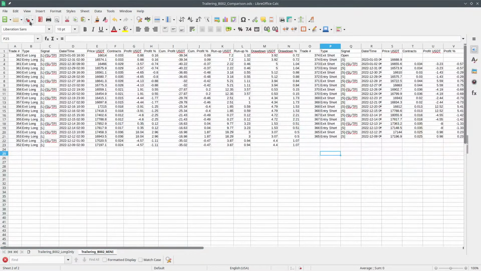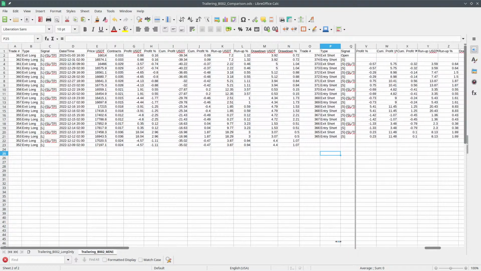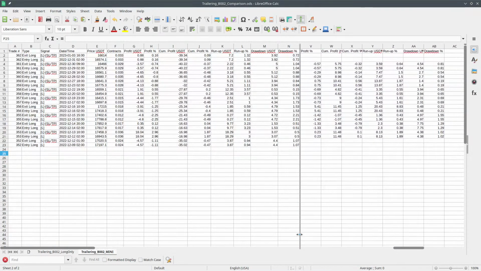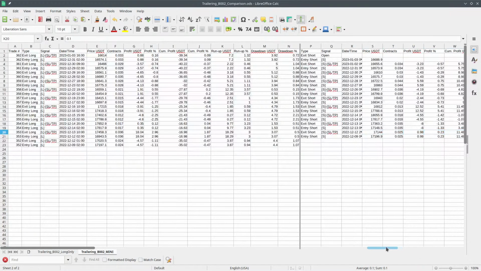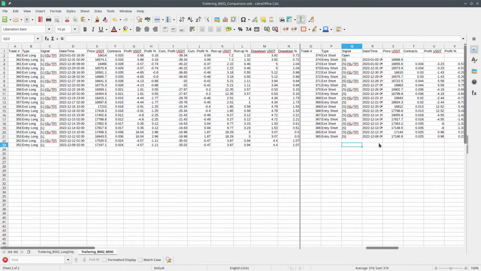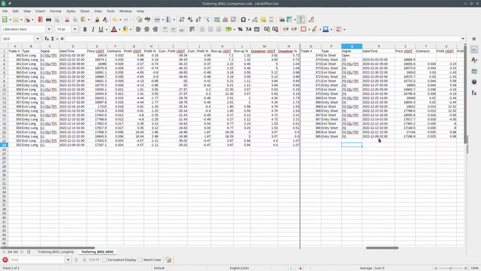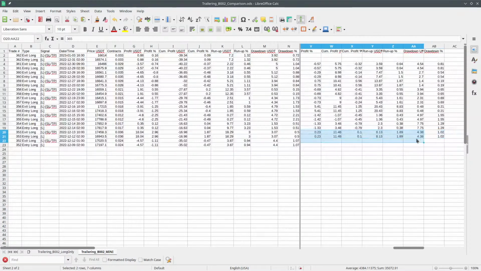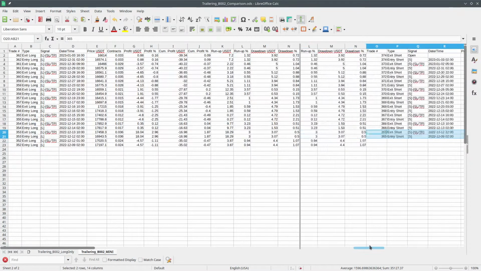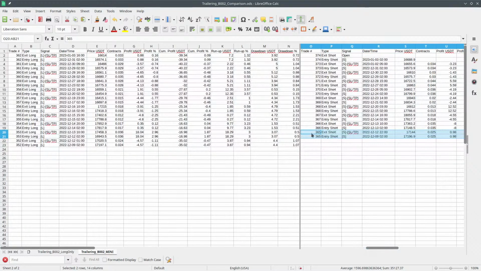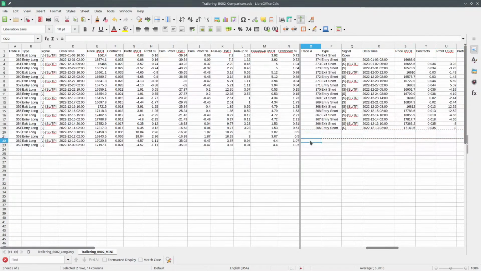Okay, let's move this so that we can understand the trades. The first one is from 9 and it ends at 22. Nice. So let's cut this so that it's in the proper place.